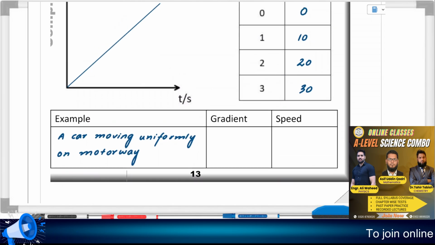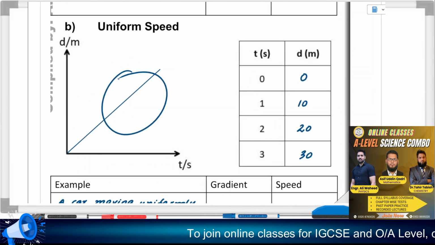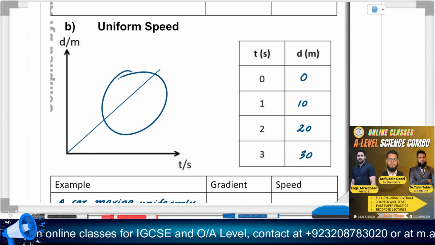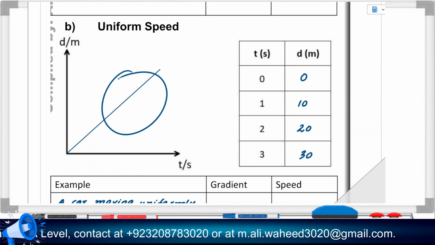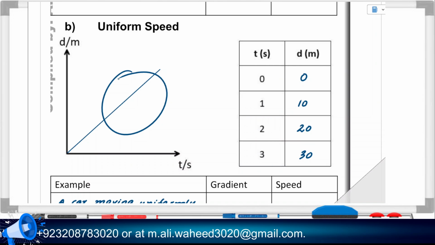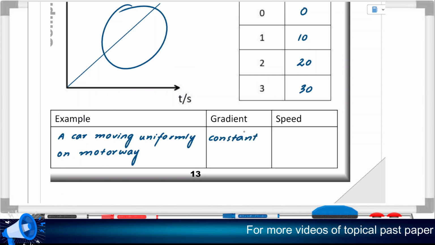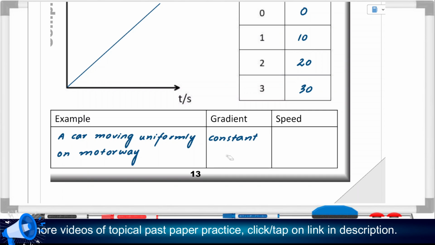Let's comment on the gradient of this graph. So this line, is it going to have a gradient? Yes, sir. The gradient would be positive or negative. What kind of gradient would be there? Positive. So the gradient would be, first of all, constant. Keep it in your mind: whenever you have a straight line, the gradient would be constant.